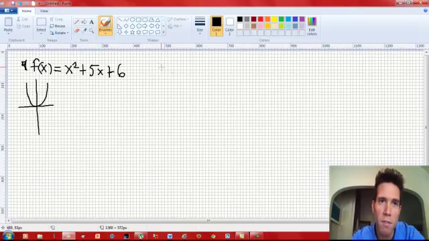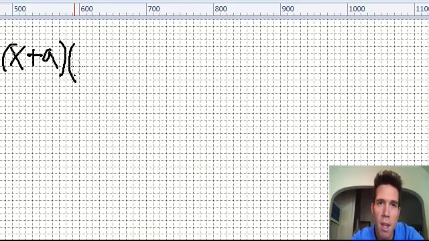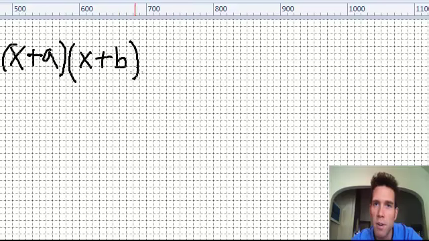So we want to solve this thing in the form of x plus a, where a is a real number, and x plus b, where b is a real number. Let's see what this is when we FOIL this out, the x times these two terms and the a times these two terms, like we covered in our previous video.